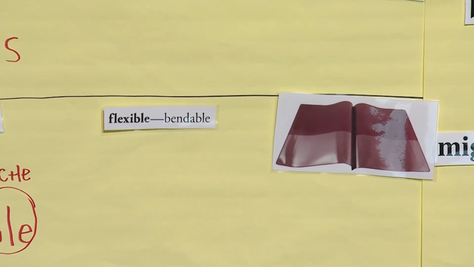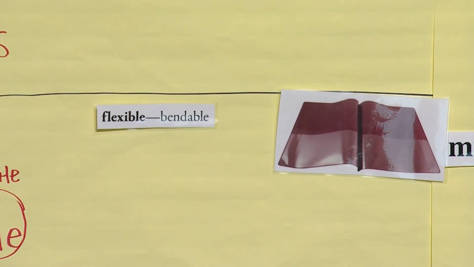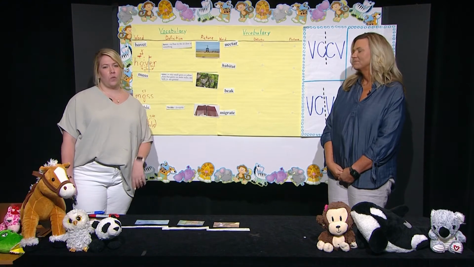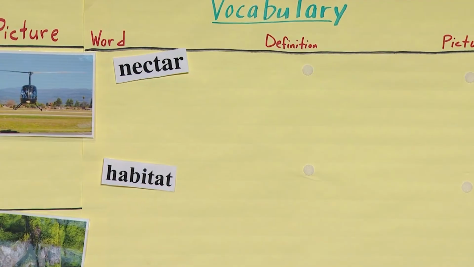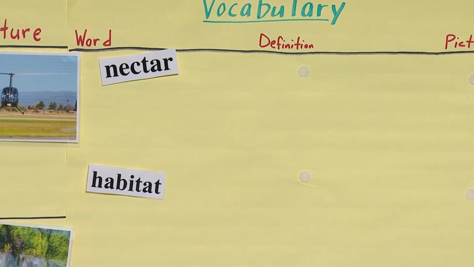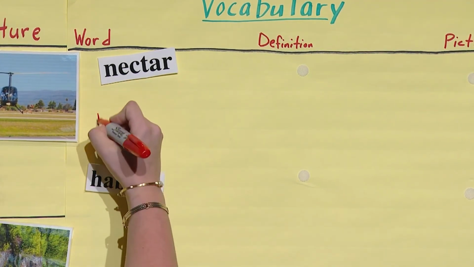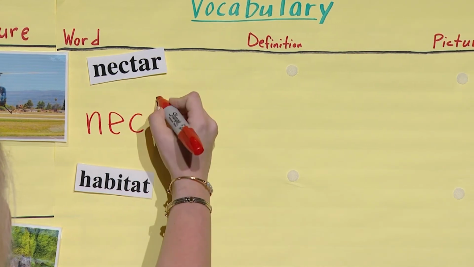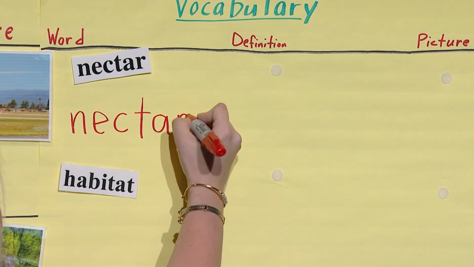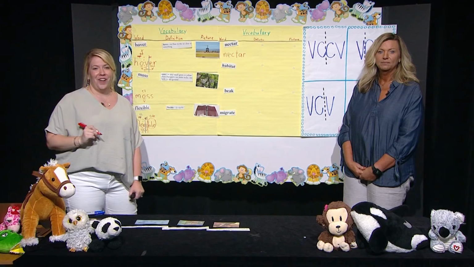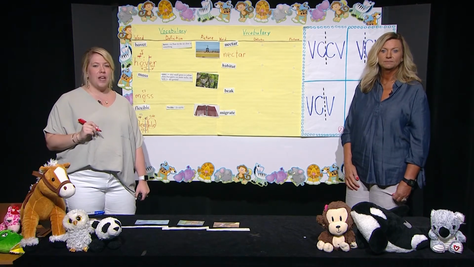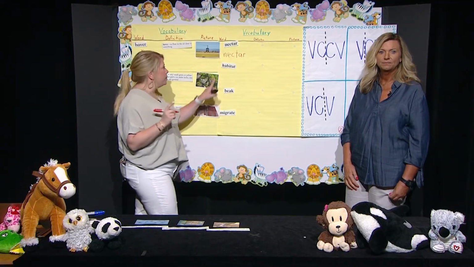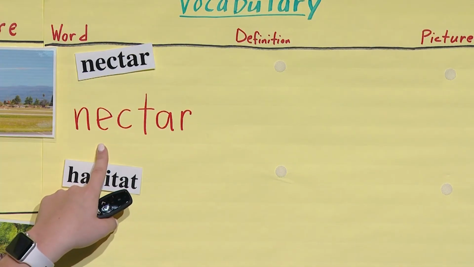Awesome work, guys. Let's look at our next word. Can you help me break this word apart? Boys and girls, write this word on your paper to work with us. Great. So let's identify the vowels we see in our next word. What vowels do you see? That's right.